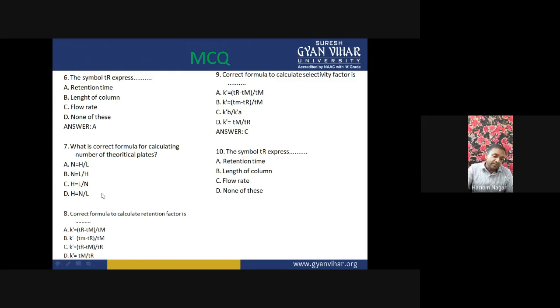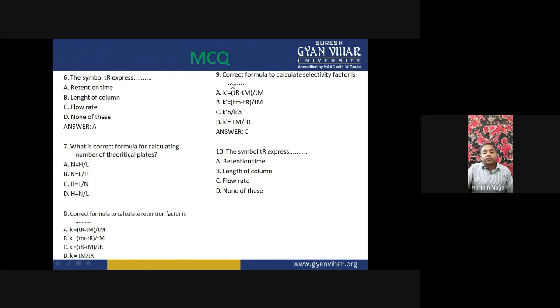TM is the retention time of the non-retained species, that is the mobile phase. So option A is the correct option for calculating the retention factor.